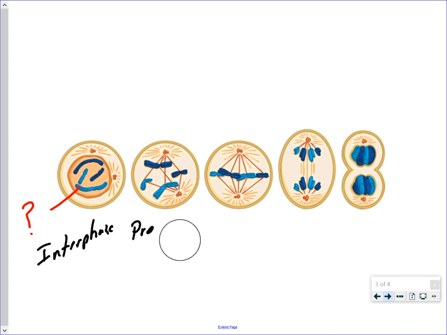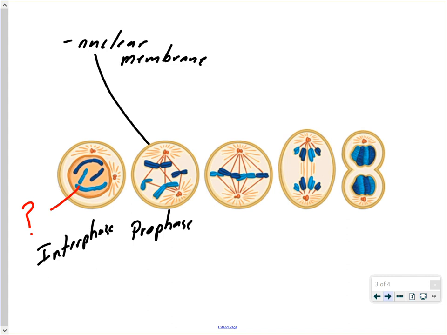There are a few different events that you should know about prophase. If we compare interphase to prophase, what can we actually pick out? Well, first of all, the nuclear membrane disappears. Okay, so it's eventually going to disappear.